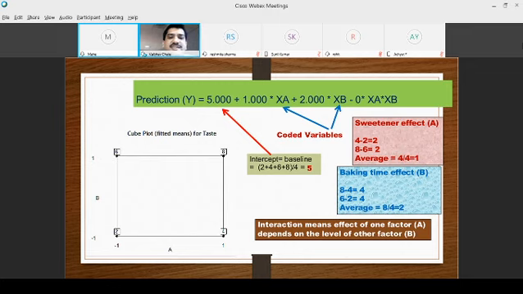How did we get the xa value? For that we need to consider the plus and minus. Let us say in the cube plot, the A plus values are 4 and 8 and the A minus values we have are 2 and 4. That means always go from higher to lower.